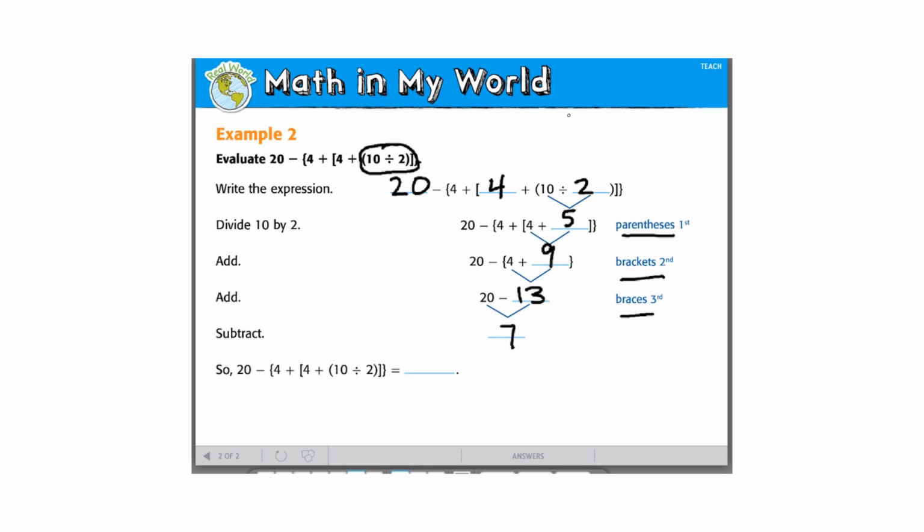You could write next to the P for parentheses that first you have the parenthesis, next you have the bracket, third you have the brace. That might help you to remember. Well, if you're going this way, left to right, parentheses come first, brackets come second, brace comes third. So at the end, your final answer is 7 on this one.